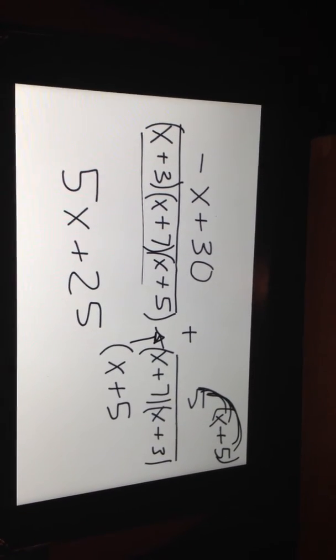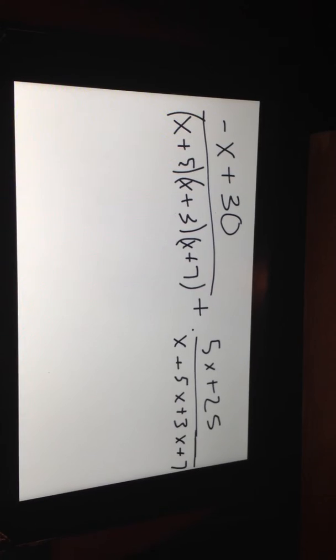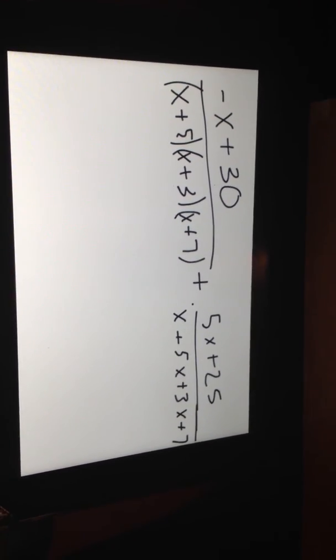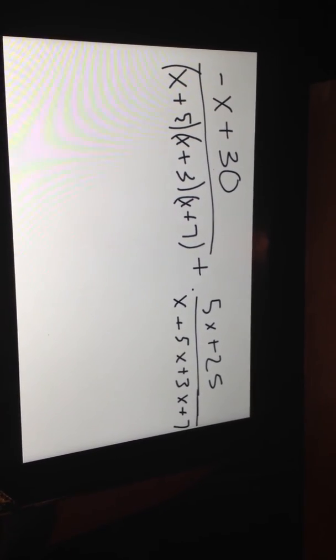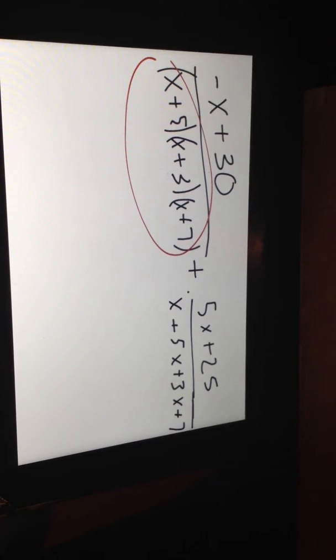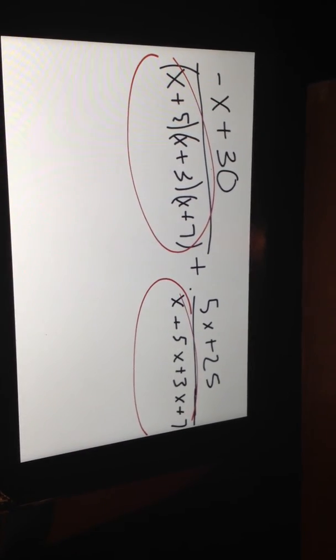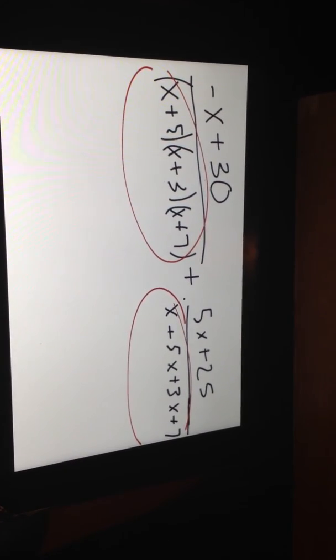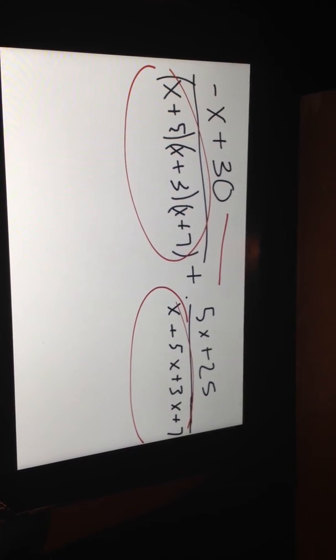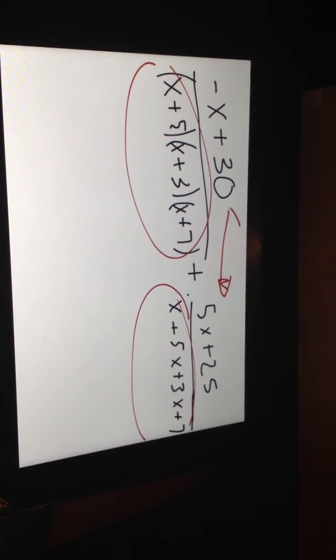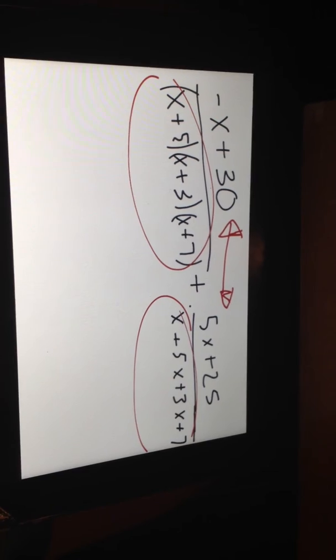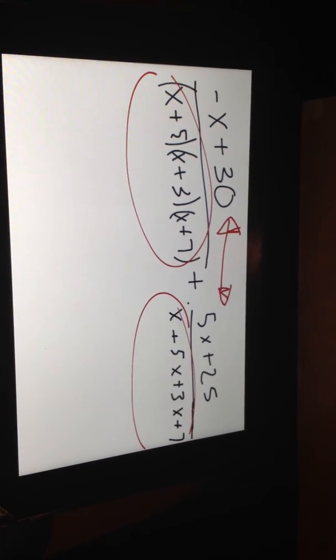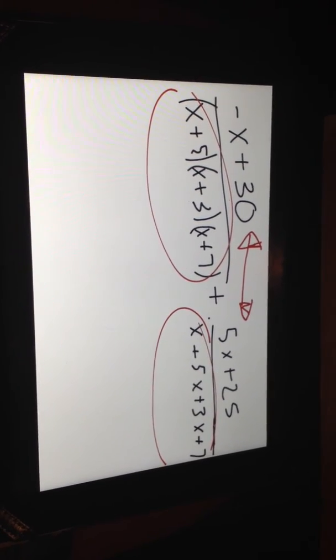So now my problem looks like this. Now that we have the greatest common factor, they both have the same on the bottom, all we have to do is combine these terms together, because we just add both the quantities together, and they both have the same greatest common factor on the bottom.